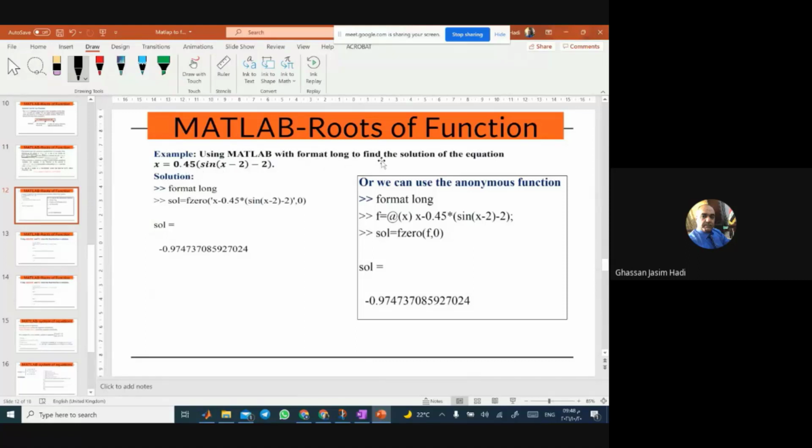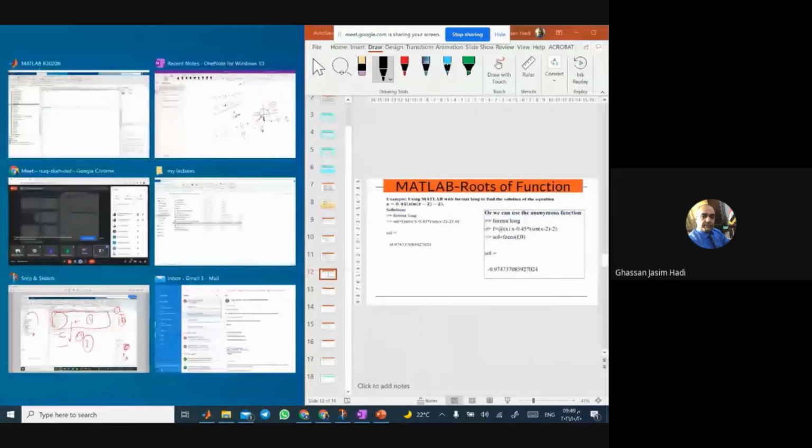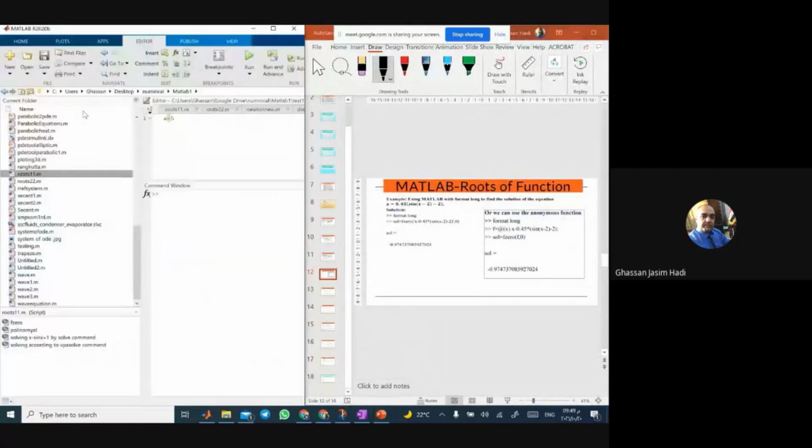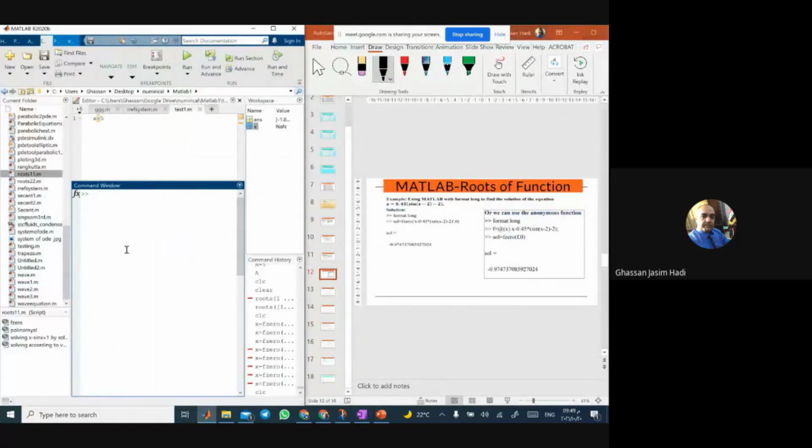Using MATLAB to find the solution of this equation. Let's take this equation and I will try with this. Let's say x equal fzero, comma, what we have?